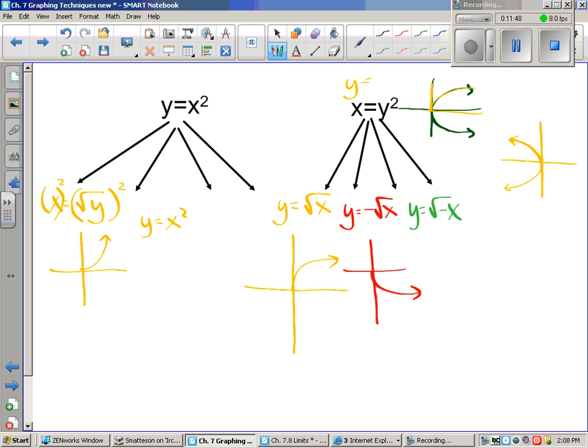Now, this is saying your y's are positive, but your x's are negative. Y is positive, x is negative. So it wants that piece in the second quadrant. And then lastly, we have where they are both negative. And of course, that falls in the third quadrant.